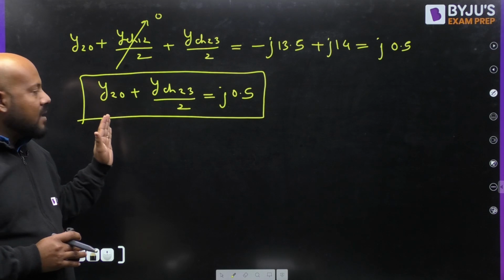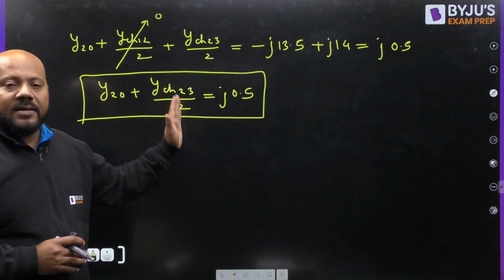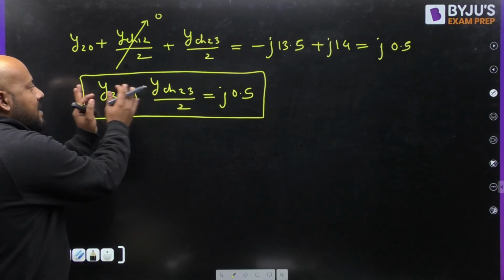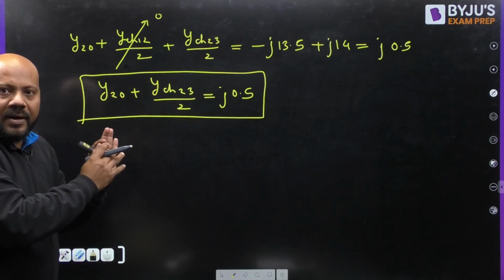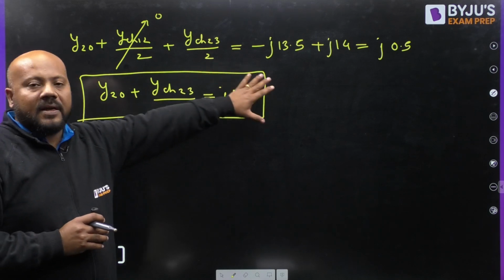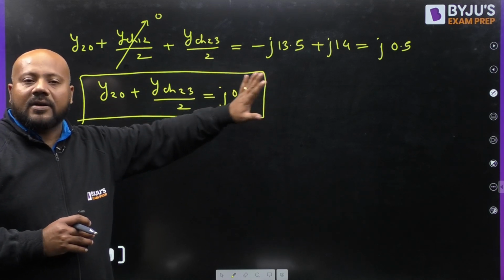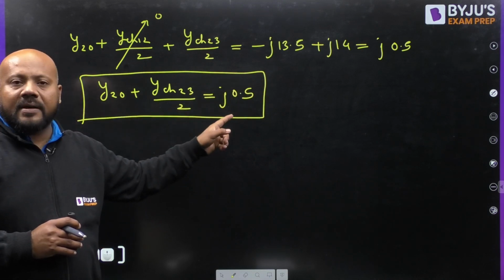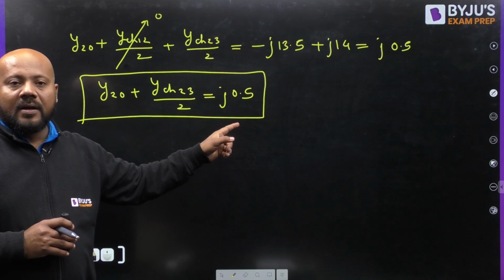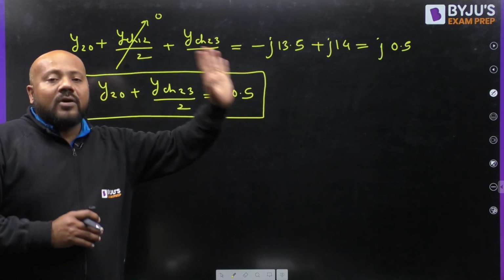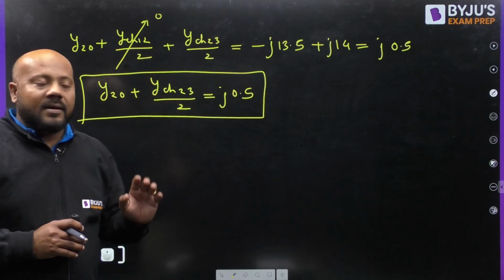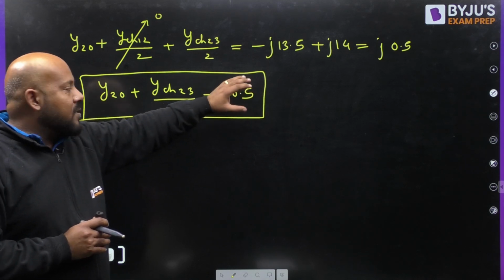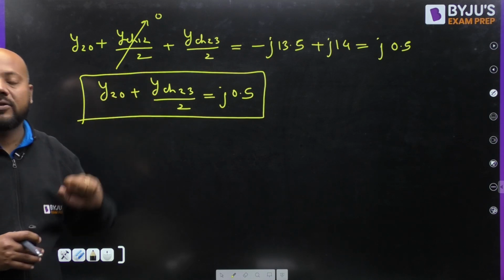Are you getting this? And line charging is going to be present between 2 to 3. Because together this capacitance, whatever capacitance is coming, it has to be compensated by this. Are you getting this or not? I have written admittance. In terms of admittance, I am writing, that is why I am saying capacitance. So even if no shunt reactor is connected, j0.5 is sufficient to compensate both of these capacitances together.